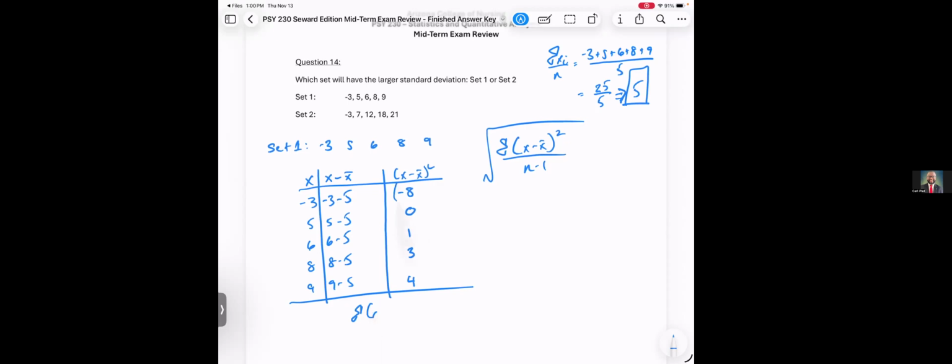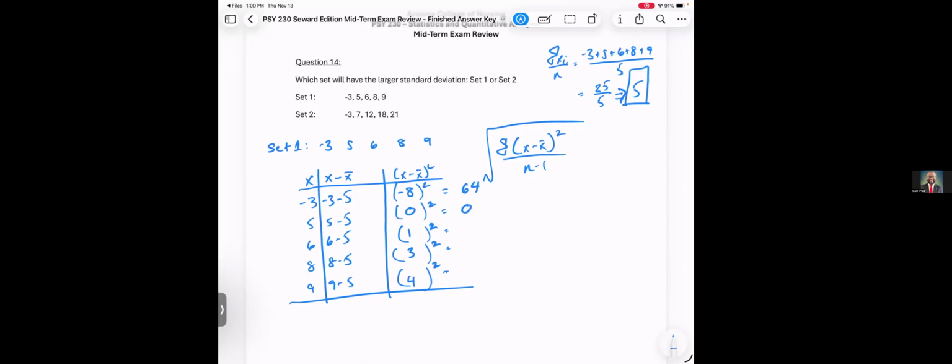And then I have to square those. Squared, squared, squared, squared, squared. And so therefore, I have 64, because that's -8 times -8.